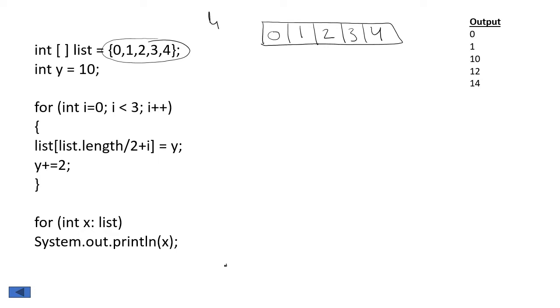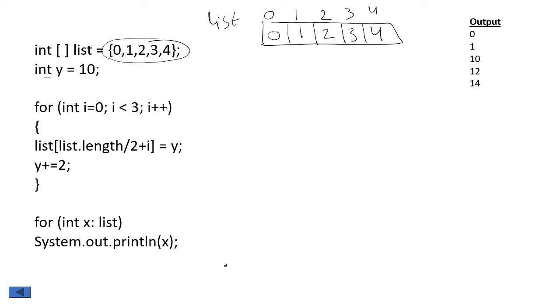The name of my array is list, and of course the first index starts from 0 and goes up to the end of the array. So the array holds 5 elements, indexed 0 to 4, and the values inside are 0, 1, 2, 3, and 4.